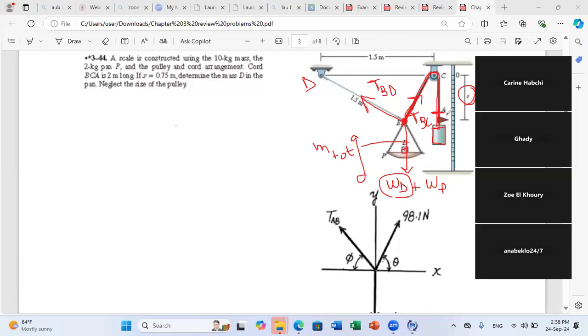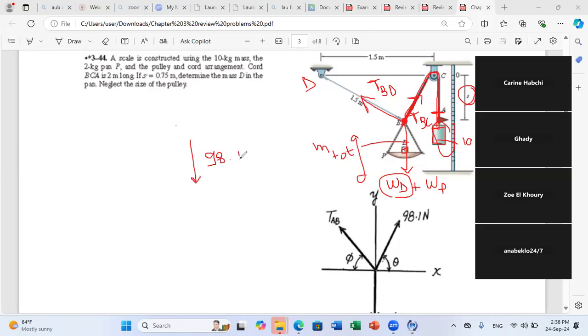We project on Y. Yes, you consider the block. If you consider the block, what are the forces acting on the block? You have the weight of the block, and you know that the mass here is 10 kilogram. Okay, so they used G to be 9.81. So the weight here is 98.1 Newton.